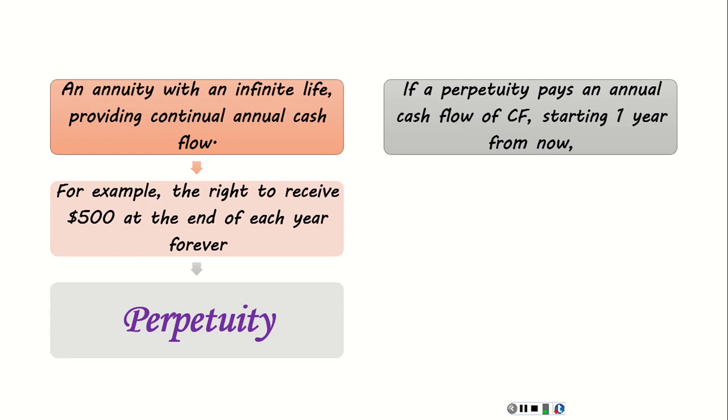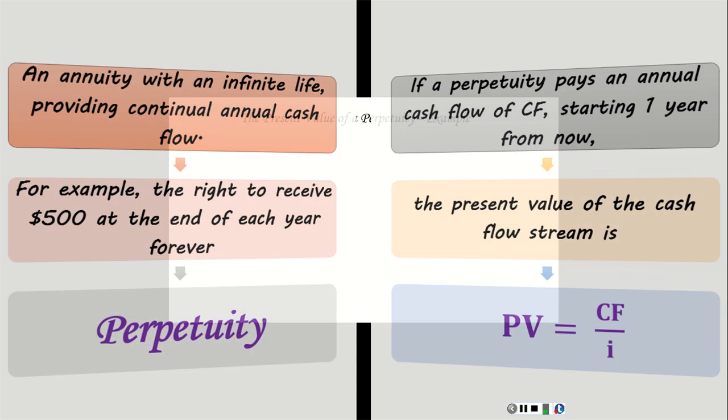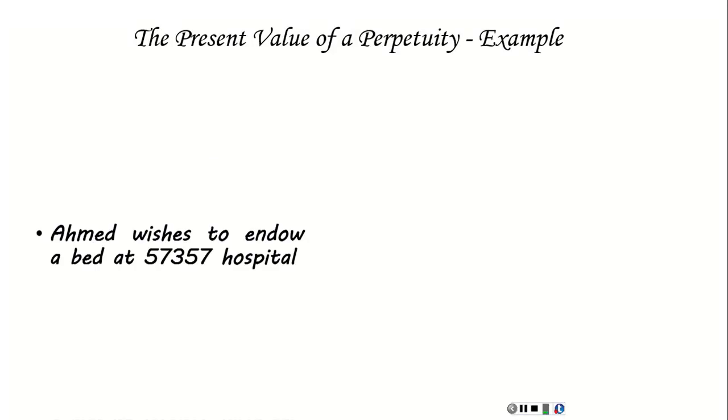So if a perpetuity pays an annual cash flow starting 1 year from now, we can find the present value of the cash flow stream by simply dividing the annual cash flow by the interest rate required. Let me give you a simple exercise.